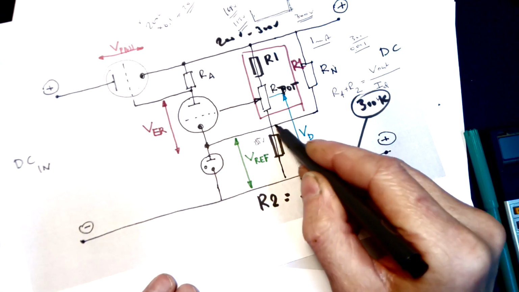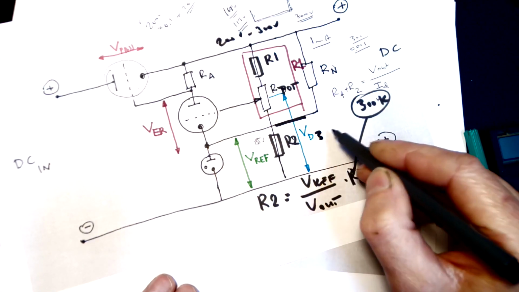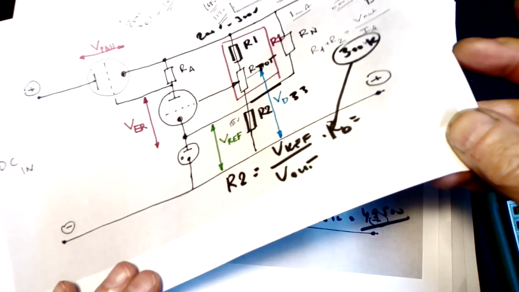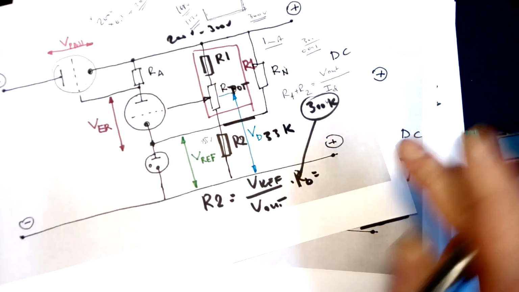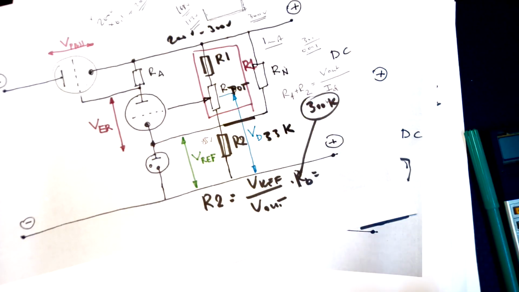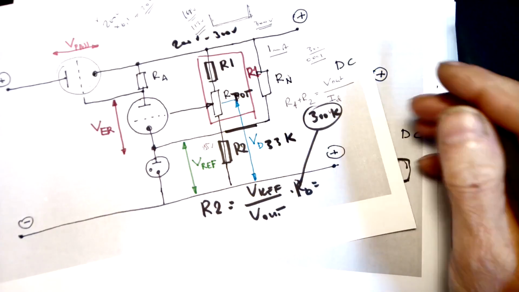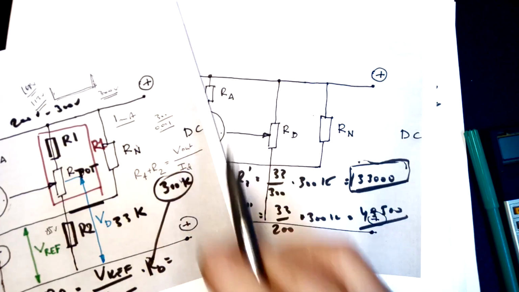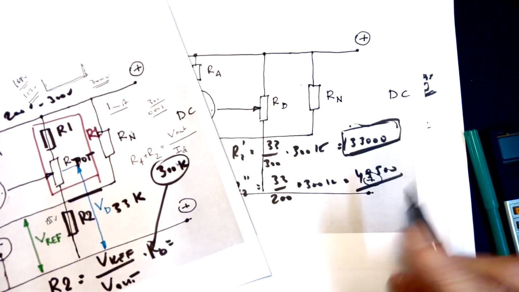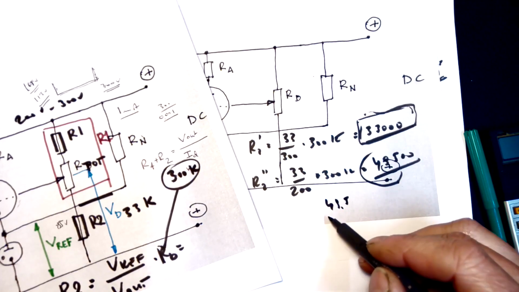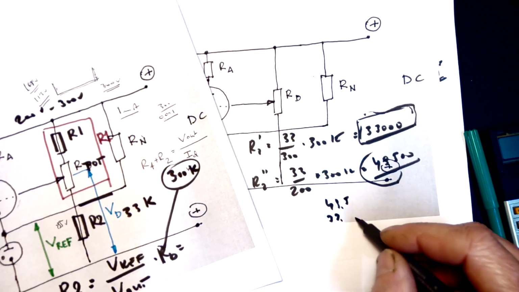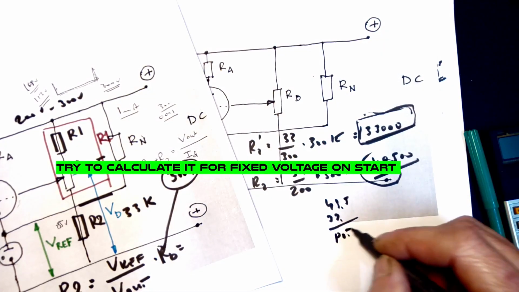For R2, it will be 3 kilo, and for 200 volts it means the difference between 39 and a half and 33 kilo is our potentiometer.